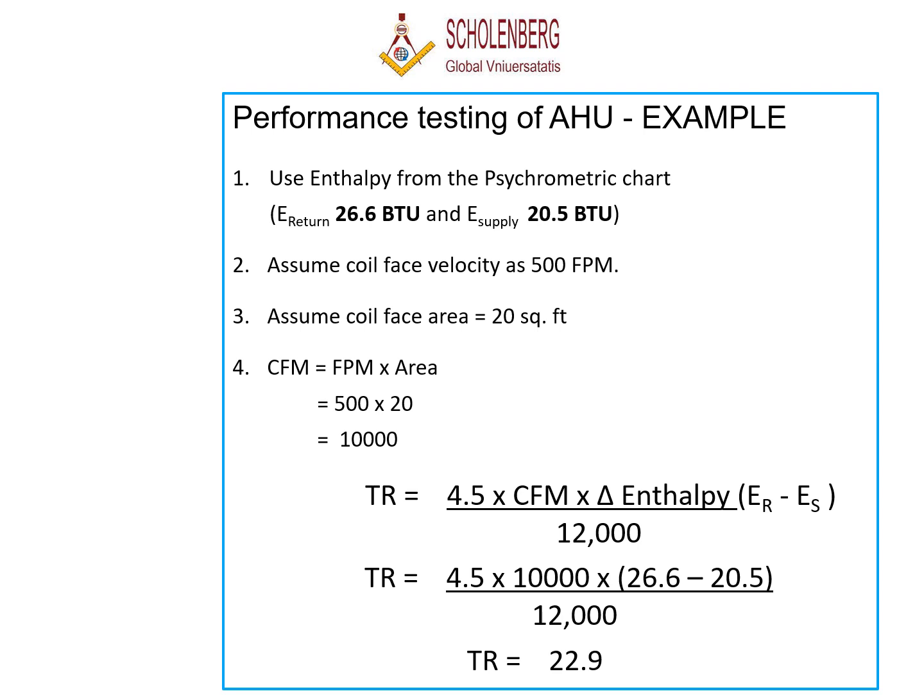CFM equals FPM multiplied by area, equals 500 multiplied by 20, equals 10,000. TR equals 4.5 multiplied by CFM multiplied by delta enthalpy divided by 12,000. TR equals 4.5 multiplied by 10,000 multiplied by 26.6 minus 20.5 divided by 12,000. TR equals 22.9.